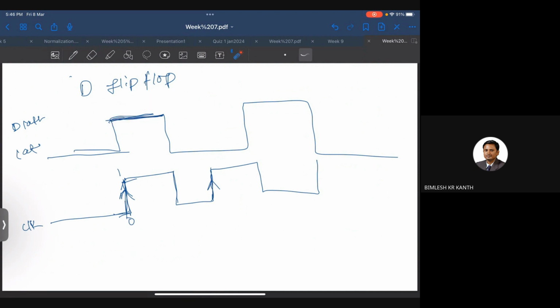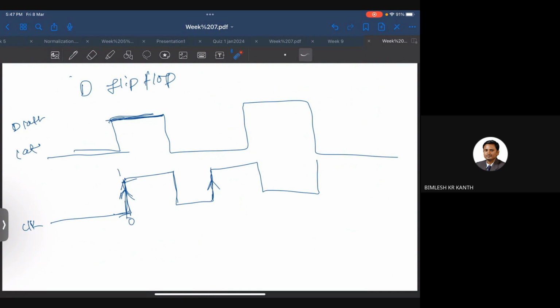But in the D flip flop, the output will change when the clock changes from 0 to 1, not when W equals 1. This is called a positive edge triggered flip flop. When the clock changes from 0 to 1, then output Q will change.